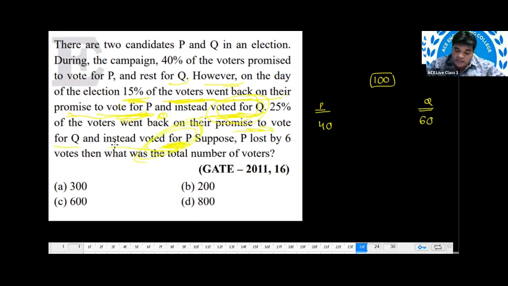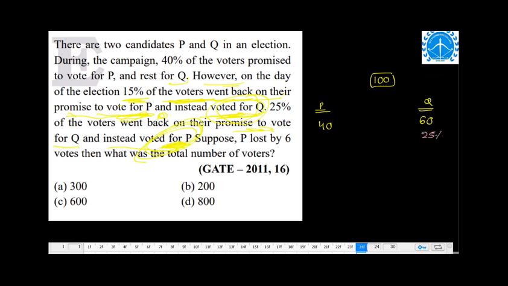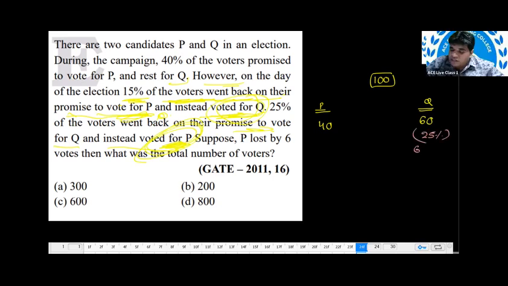Here 25% of 60 is 25 by 100 times 60, that is 15. That 15 is added to P.